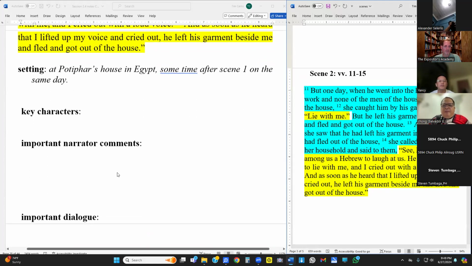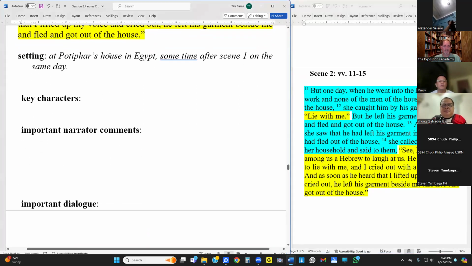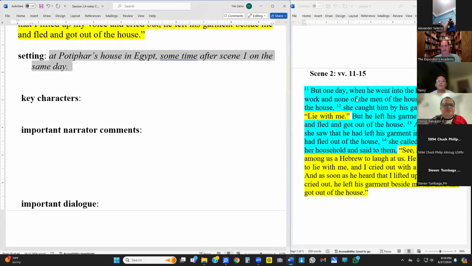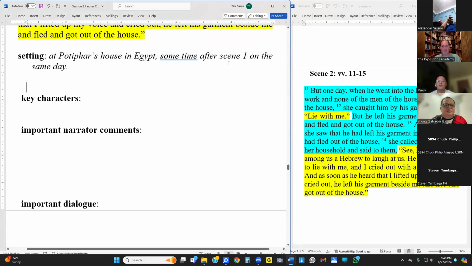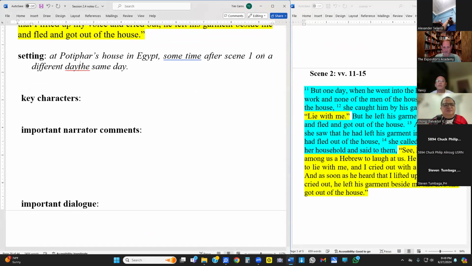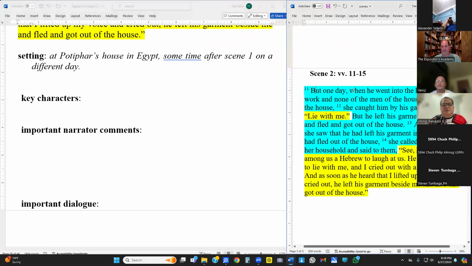As we consider the setting, still at Potiphar's house, sometime after scene 1, but not the same day, on a different day. Because notice how it begins: but one day, when he went into the house to do his work.